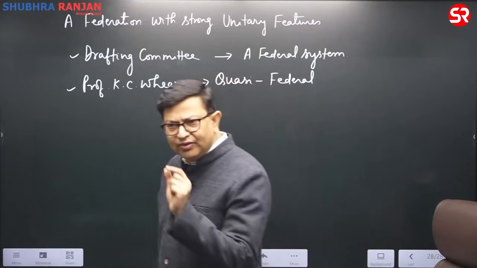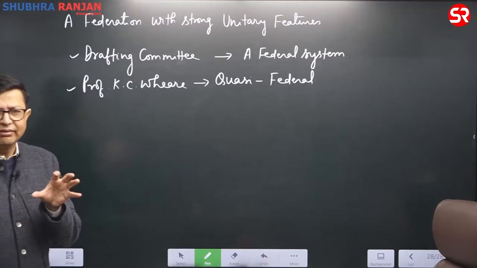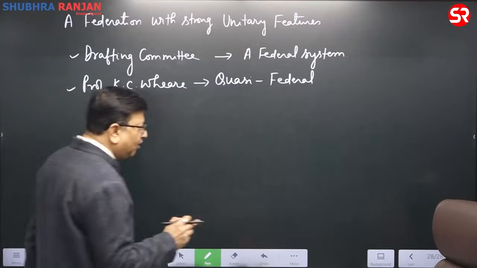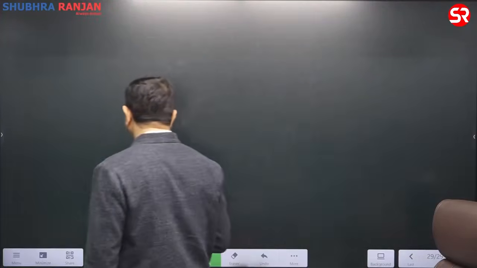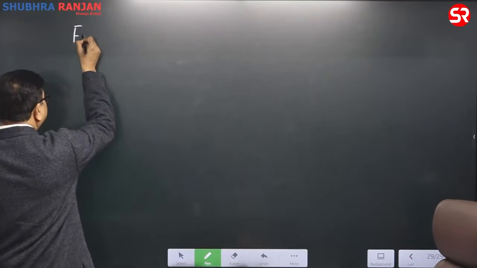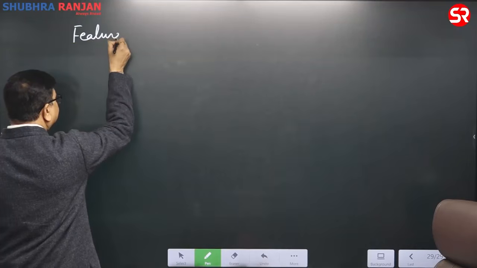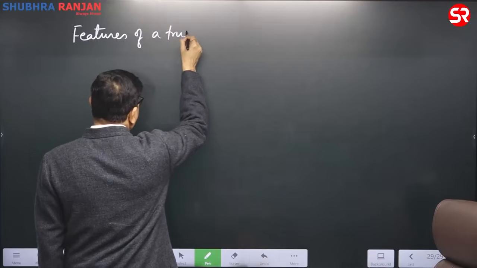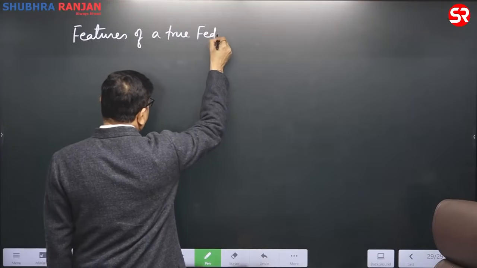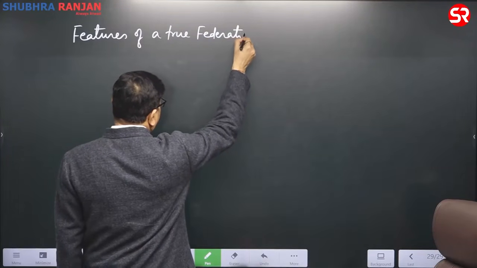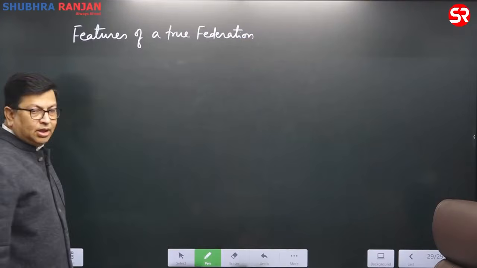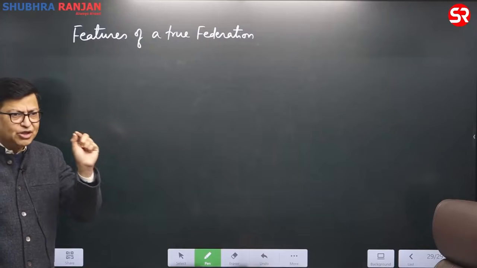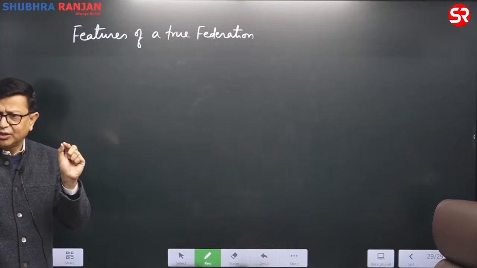So for that, we will have to understand a very basic thing, that what are the characteristics or the features of a true federation. Straightforward questions are asked in the prelims examination, that which one of the following is a feature or a characteristic of a true federation.